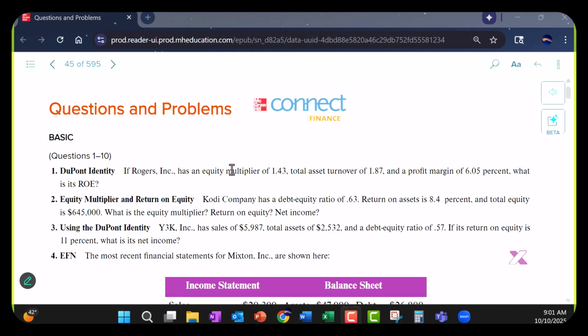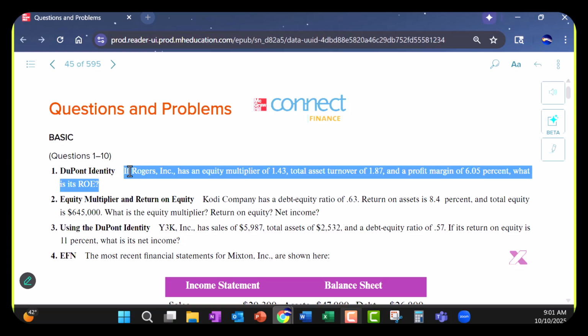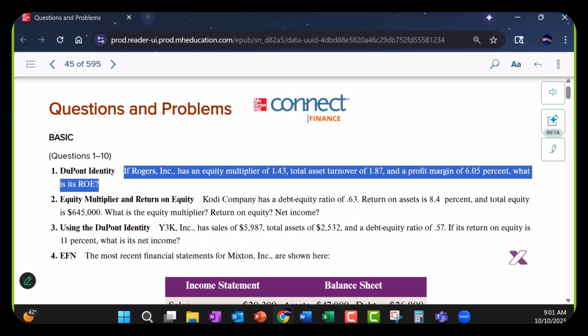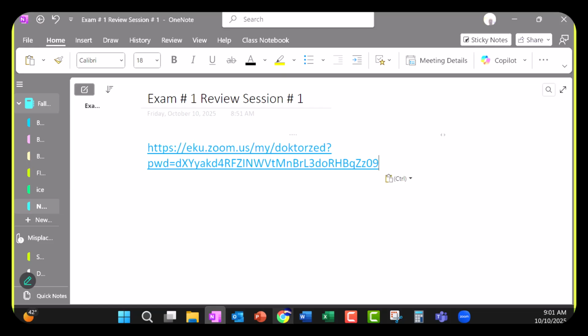Now, let's do some basic stuff first. Let's see. This is about DuPont's identity. Let's copy this, paste it here. Oops.